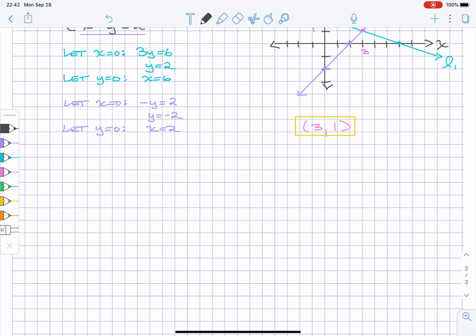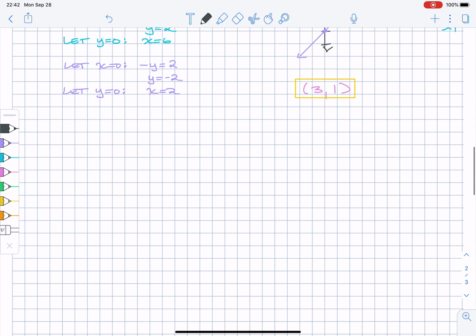Okay, so let's do another one. Number 3. Let's do the system 2x minus y is equal to 4, and 6x minus 3y is equal to 6. Okay, so x and y coordinate axes.